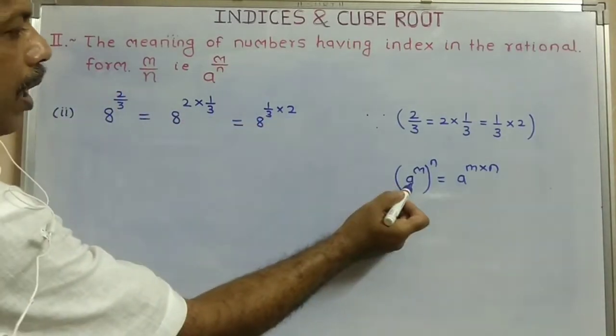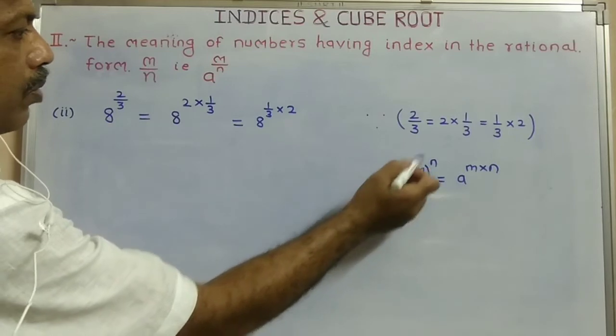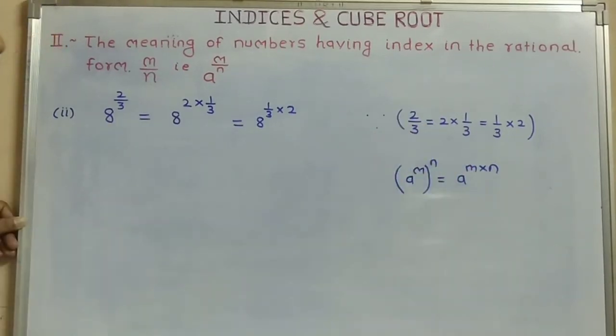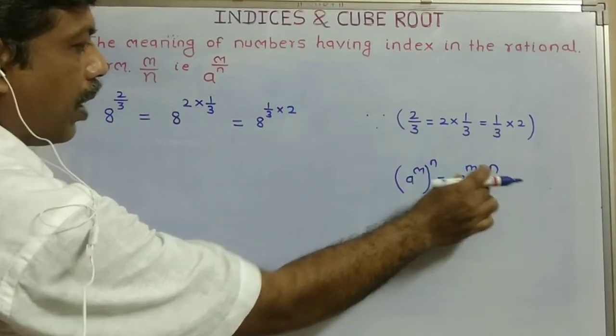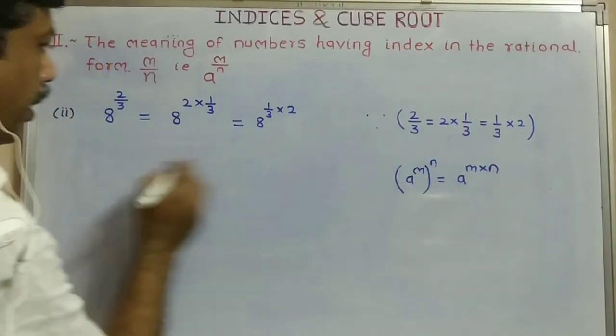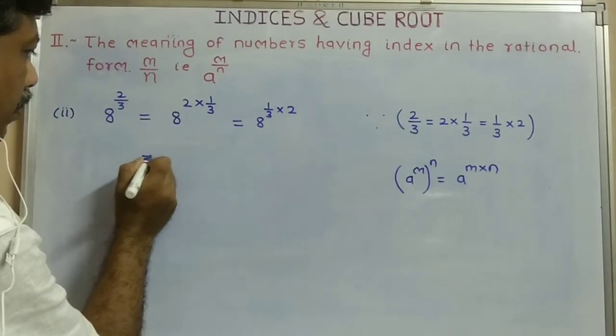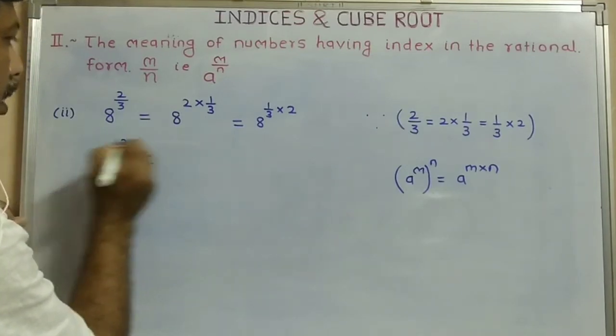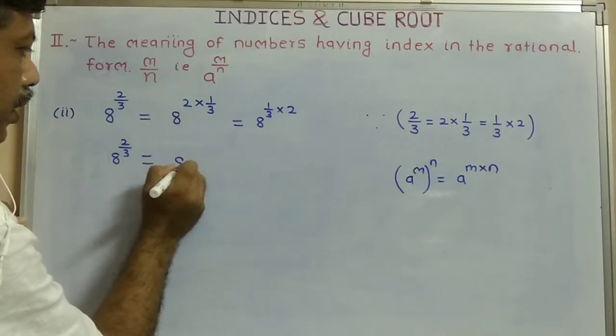Now I have got a formula: a to the power m, bracket, to the power n can be written as a to the power m multiplied by n. Now I am using this formula to convert it into this format. Therefore, 8 to the power 2 upon 3 can be written as 8.